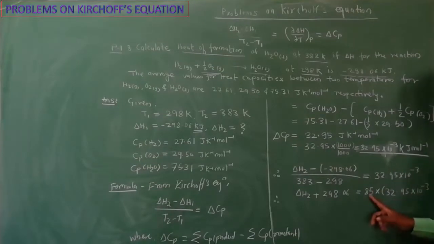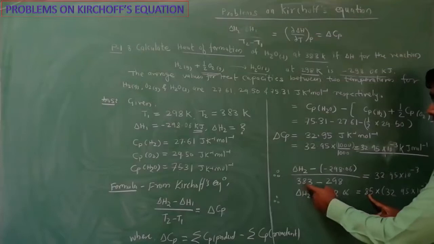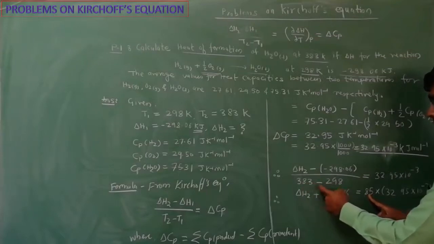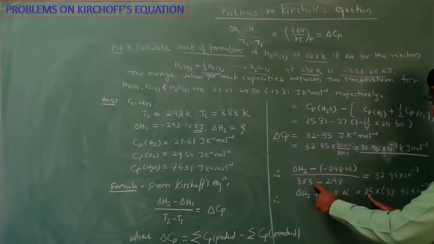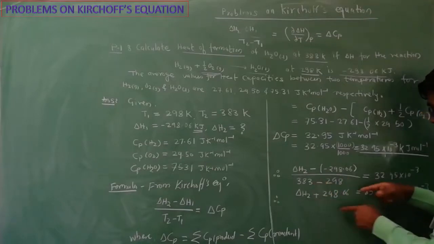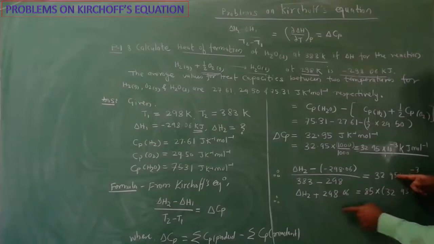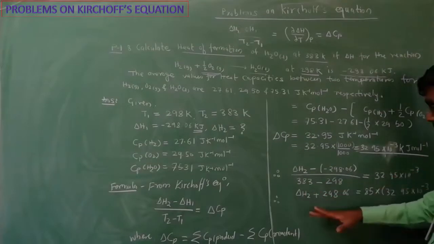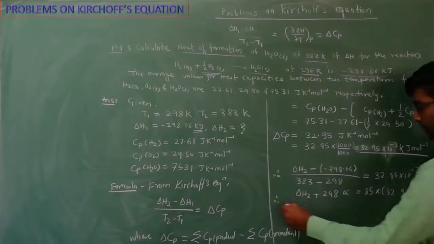How does 85 come here? I have done the subtraction 383 minus 298, which is equal to 85. Then I have shifted this denominator to the right hand side. One step I have just kept, but you can understand this step.